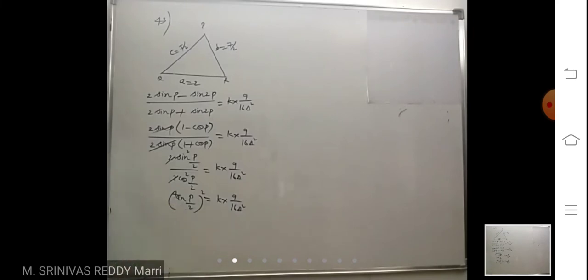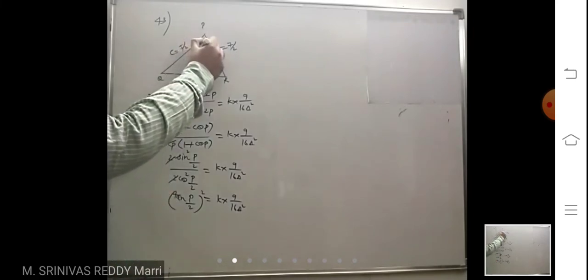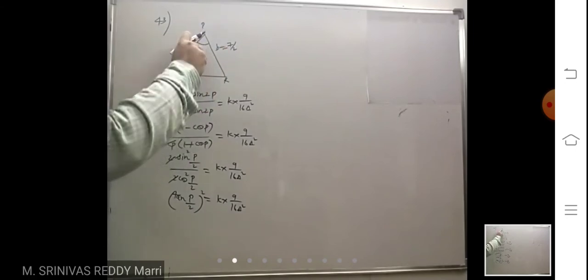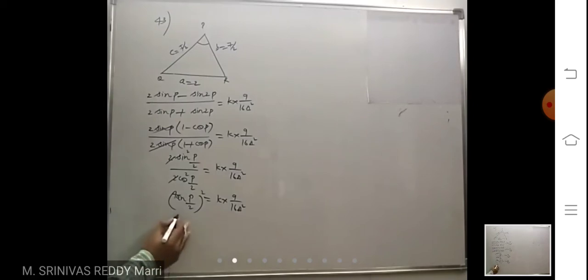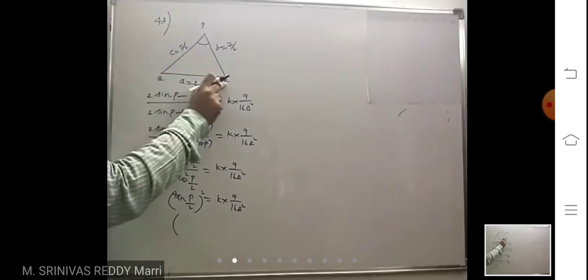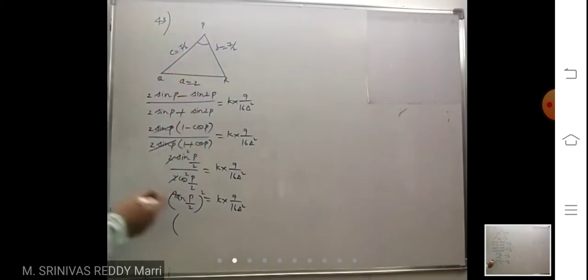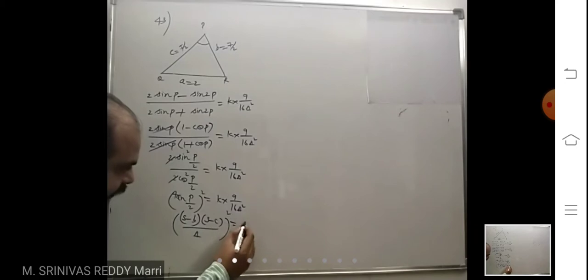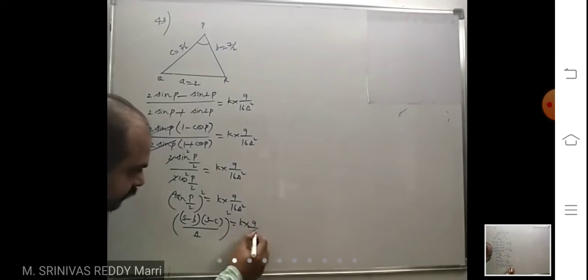Tan P by 2 formula. It's nothing but in our triangle ABC, right? Tan P by 2 is what? Tan P by 2 formula is, sides are same. Previously we have learned in triangle ABC tan A by 2 formula. That is nothing but S minus B into S minus C divided by delta whole square, equals K into 9 by 16 delta square.